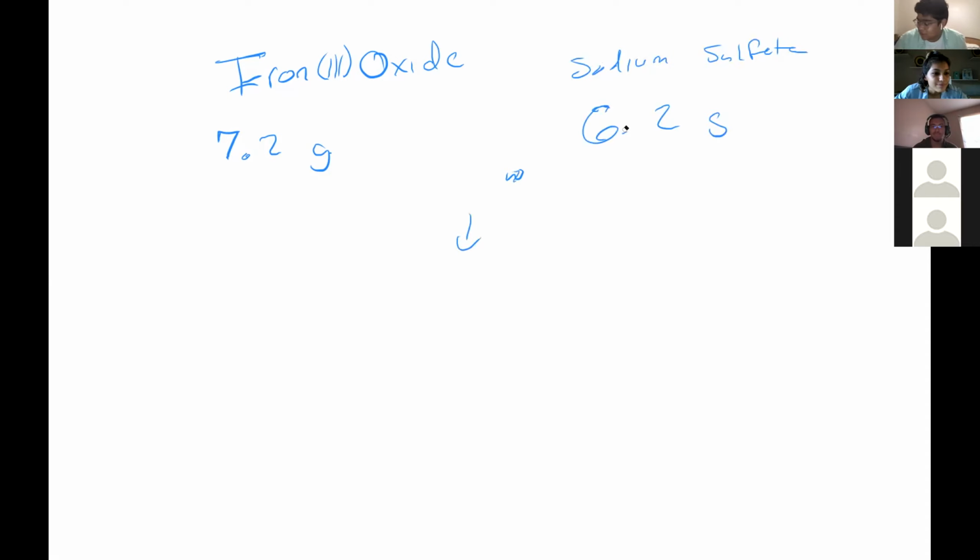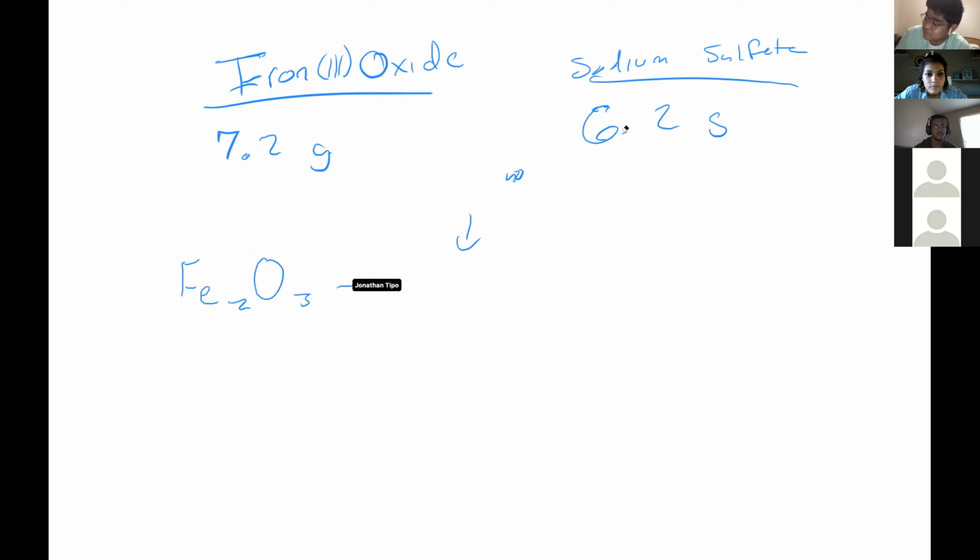Okay, cool. So how we do this is obviously convert those into formulas. So iron 3 oxide is what? What's a formula for iron 3 oxide? Fe2O3, perfect. And then sodium sulfate is what?